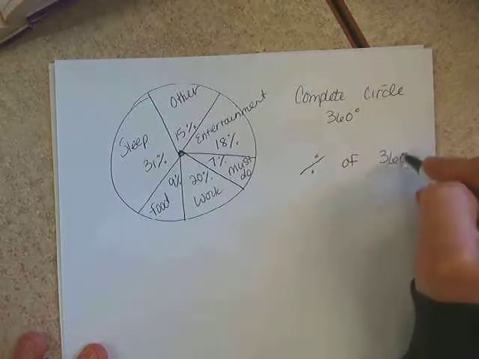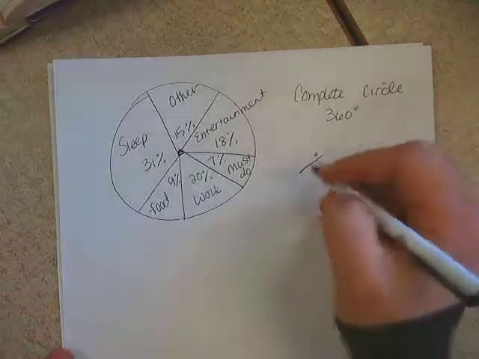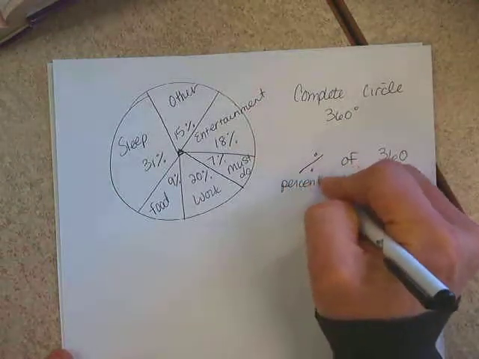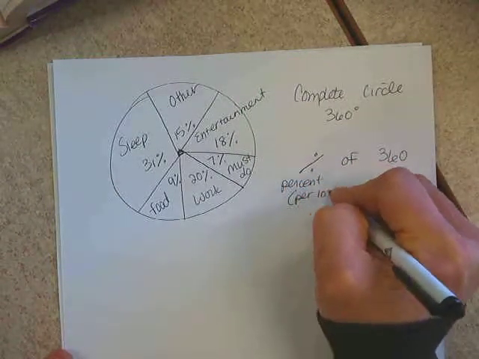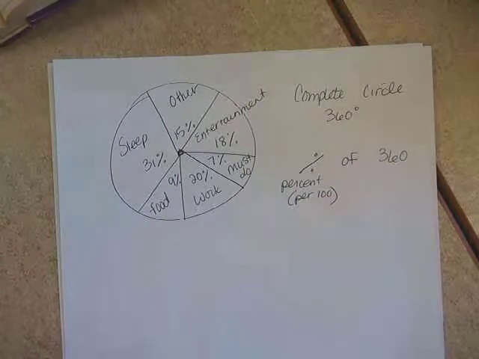Okay. So if you just want to represent a portion of it, then we're doing actually a percent of 360, right? And if you really break it down to what percent means, percent is per 100.